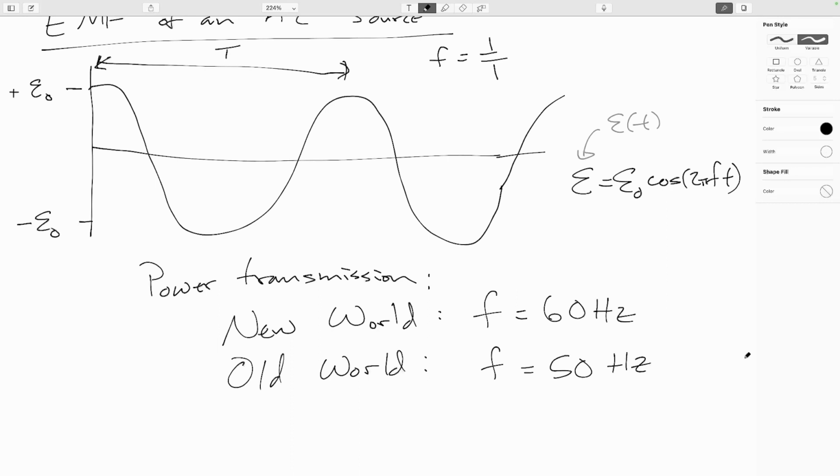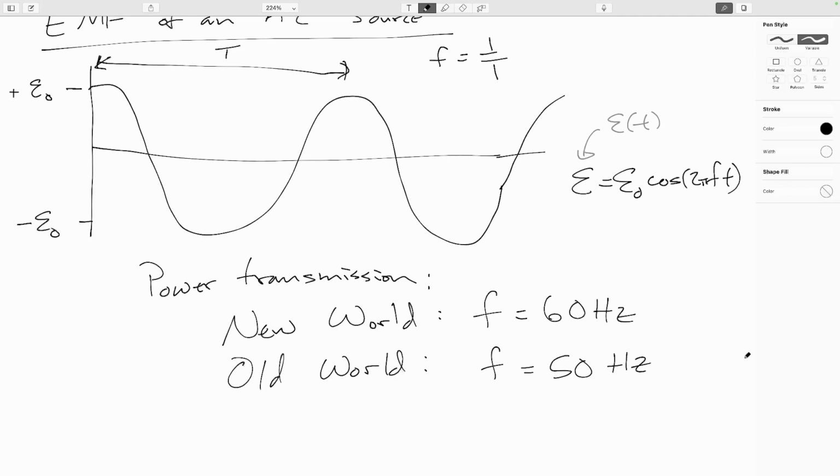And why these values? It turns out that for practical electrical engineering reasons, you need a frequency somewhere around here. And in the New World, as people were developing this stuff, they just went with the idea of, hey, there's 60 minutes an hour, there's 60 seconds in a minute, so we'll just oscillate our frequency 60 times a second just to keep the 60s going.